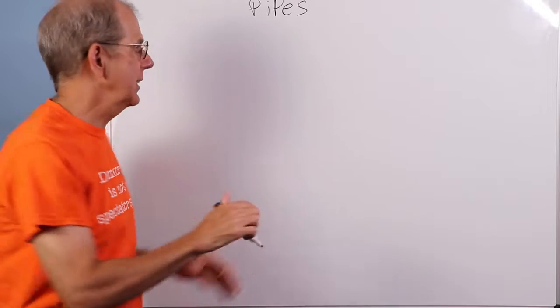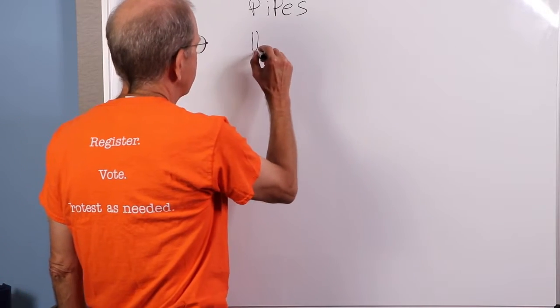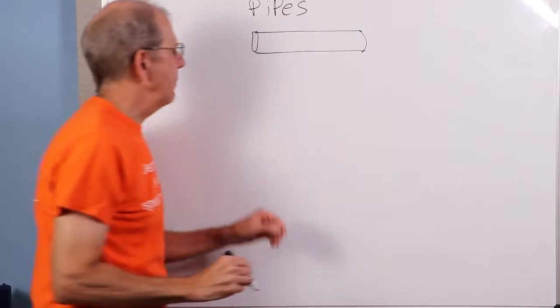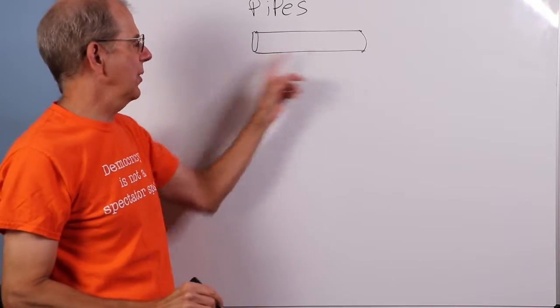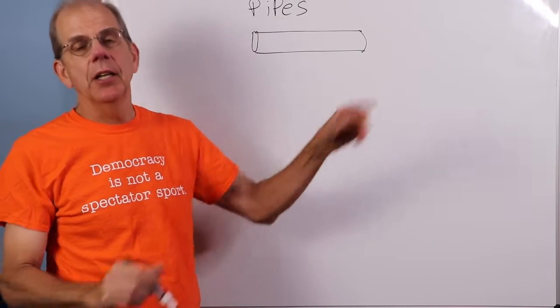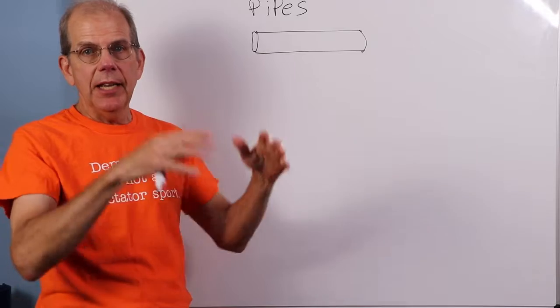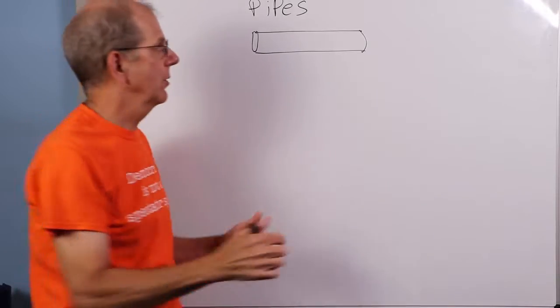And the basic idea is we have a pipe. This is the simplest idea. We have a pipe. It might be open at one end and closed at the other. It might be open at both ends. But we can hold within this pipe a fraction of a wavelength.